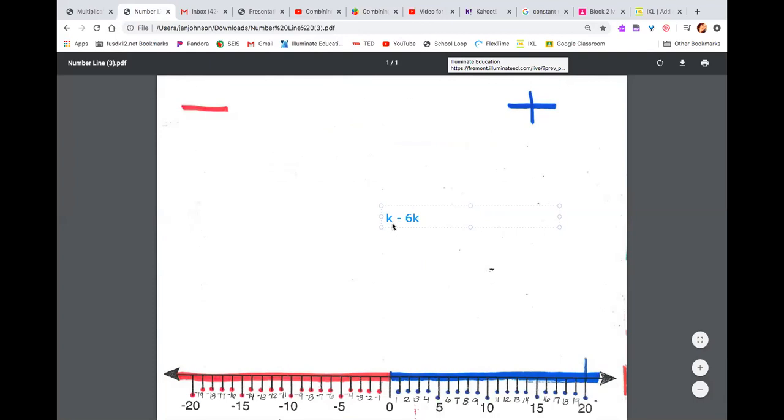Okay. And then what number is in front of k? The one that we can't see? 1. So my start is 1, and I'm minusing 6. Am I going to the right or to the left?